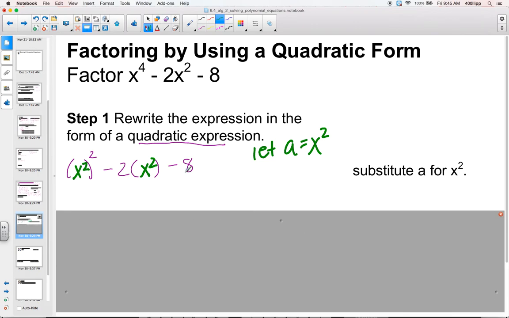Okay, so now what we're going to do is replace your x squared with a. So I'm going to have this as an a for my x squared, and then I'm going to replace everything else. So this is going to be a squared minus 2a minus 8.